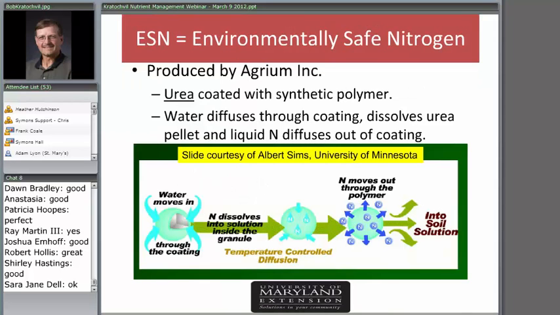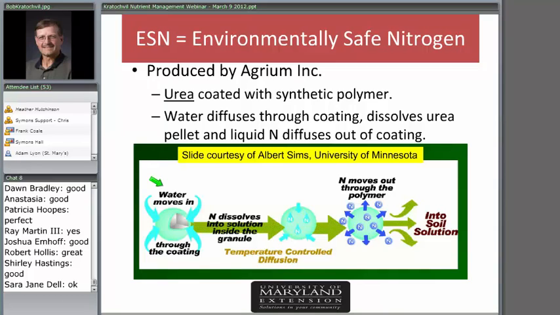All right. ESN, or Environmentally Smart Nitrogen, is one of those enhanced nitrogen products that I spoke of on the previous slide. It's produced by Agrium Incorporated, and all it is is granular urea coated with a synthetic polymer. This slide here, courtesy of Albert Sims from University of Minnesota, describes what happens when this ESN is applied to a field.